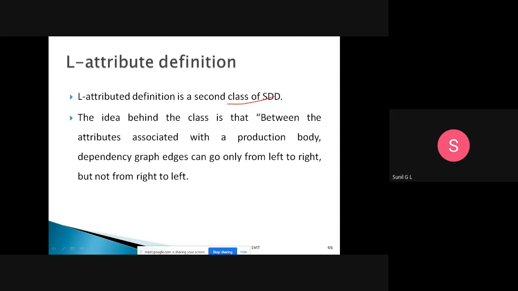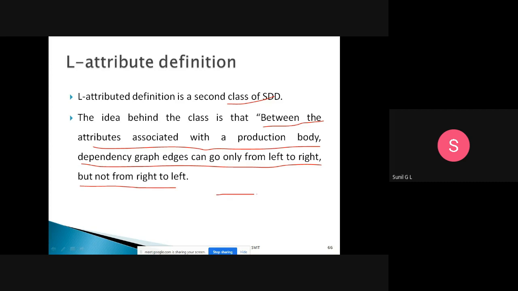The idea behind it is that between the attributes associated with the production body, the dependency graph edge can only go from left to right, but not from right to left.